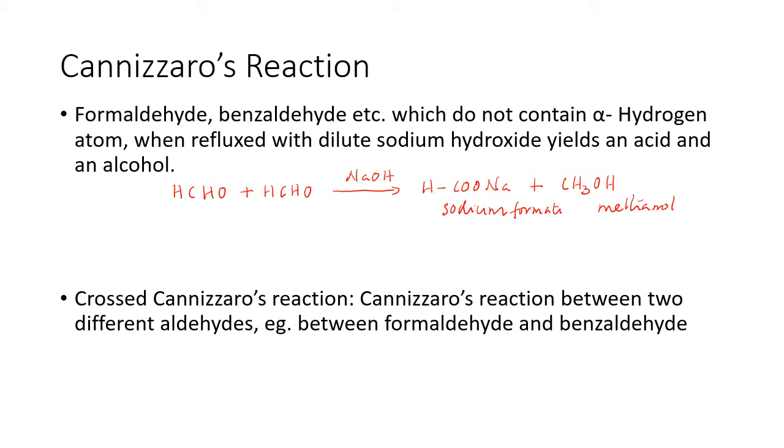Another example, benzaldehyde, having no alpha hydrogen. When benzaldehyde is refluxed with sodium hydroxide, one molecule gets oxidized to the corresponding acid, that is benzoic acid, and since the reaction takes place in the presence of NaOH, we get sodium benzoate.